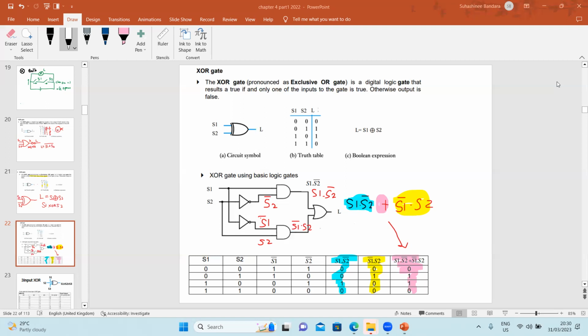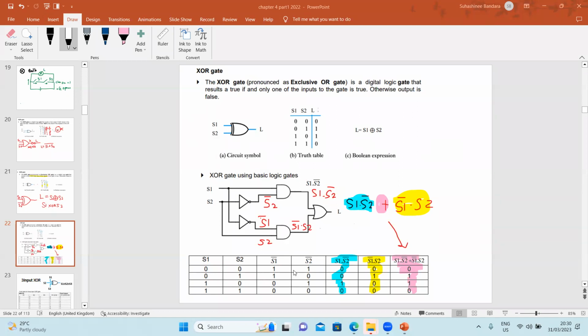Normally A, B is given in the question. So for S1, S2, draw the truth table. Then take S2 bar and S1 bar. Then find the output S1 dot S2 bar plus S1 bar dot S2. Then find the truth table output.